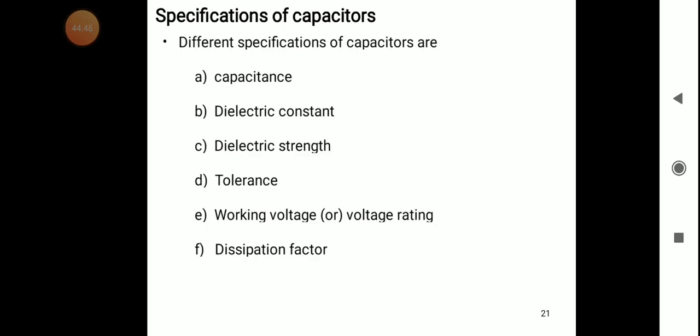And working or voltage rating of the capacitor. The meaning is, the voltages for which it is working, that is the working voltage of the capacitor. And the dissipation factor of the capacitor, and the power factor of the capacitor.